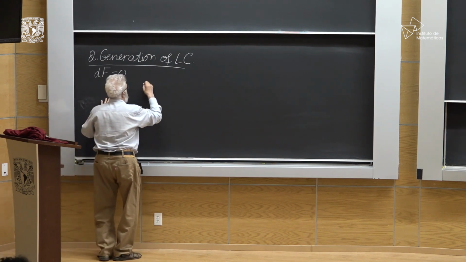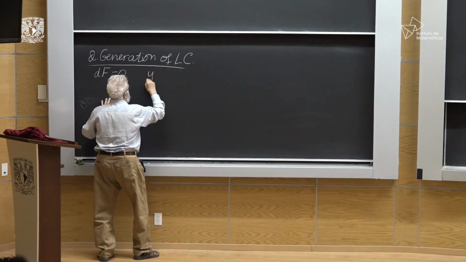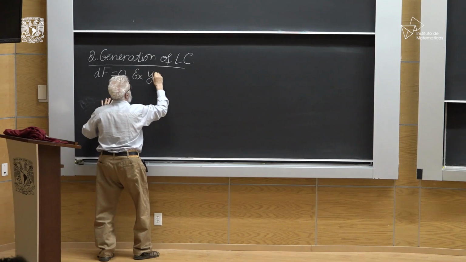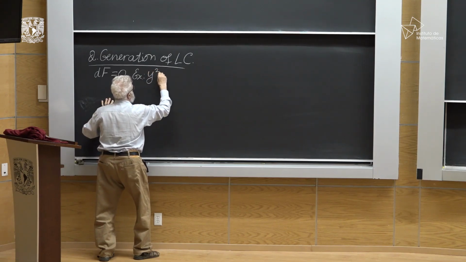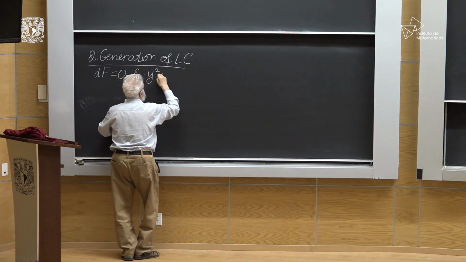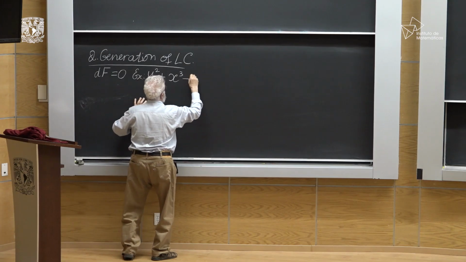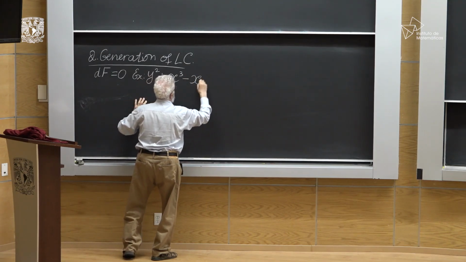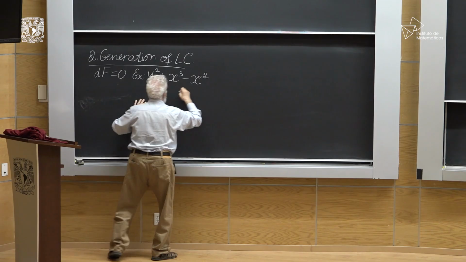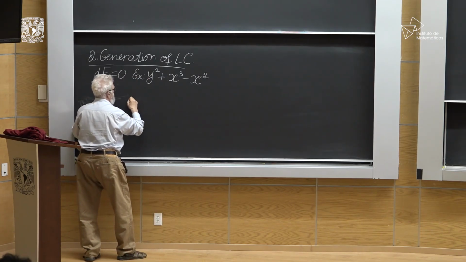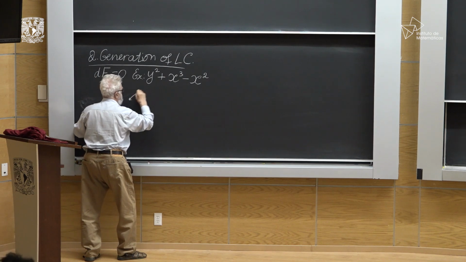For instance, if H is, for example, H equal to y squared plus x cubed minus x squared, you will have the phase curves like this.